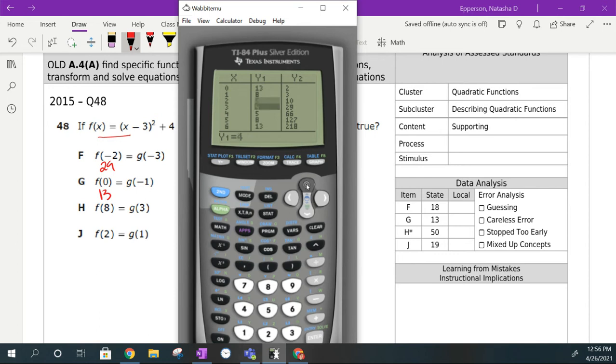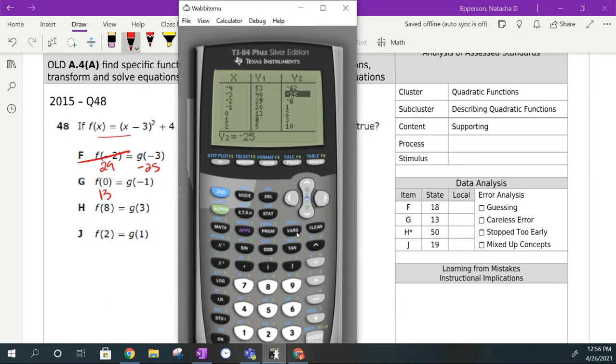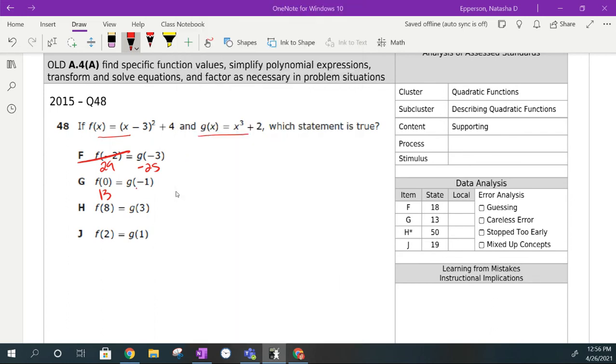So when we have g of negative 3, y is going to be negative 25. So f is out. When we've got g of negative 1, look here, y is 1. So g is out. All right, so we've eliminated our first two answers.